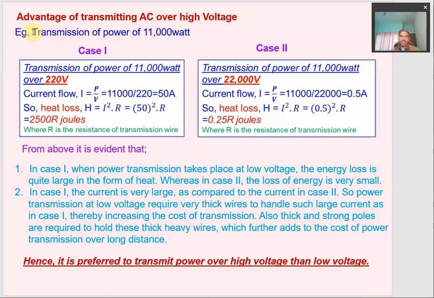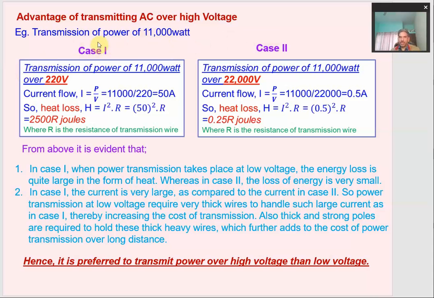Suppose we have to transmit a power of 11,000 watt. This is the energy per second we have to transport from an initial location to a final location. This can be done in two ways.